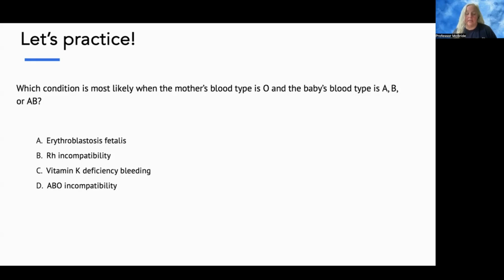Rh incompatibility is when mom's Rh is negative and baby's Rh is positive. Vitamin K deficiency bleeding is not related to this at all. And then ABO incompatibility is the best answer. Mom's blood type is O, baby's blood type is A, B, or AB.